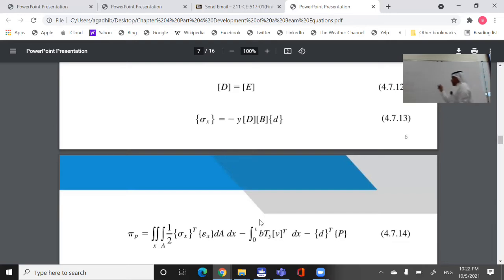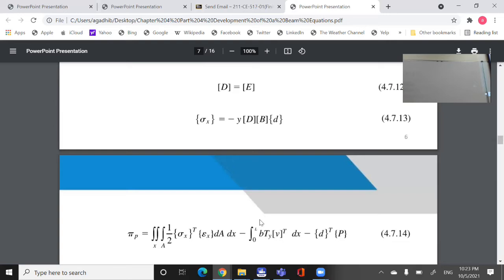Okay, sigma transpose. What will be sigma transpose? In math, you have to change the order, right? Whenever you have three matrices multiplied by each other and you make the transpose, you transpose each and you change the order. So you will start with minus y, d transpose, b transpose, and d, because it is symmetric.